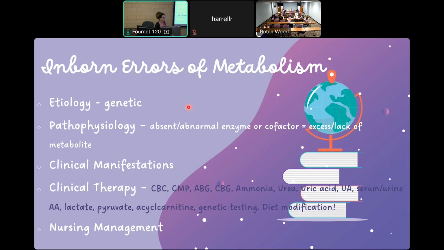Hepatomegaly. Think of the liver as the storage unit of the body, like the storage units you pay for. Like anything, if there's extra, a lot of times the body will say, okay, let's just put this in the liver. And so you can see hepatomegaly because of that. Muscle weakness.